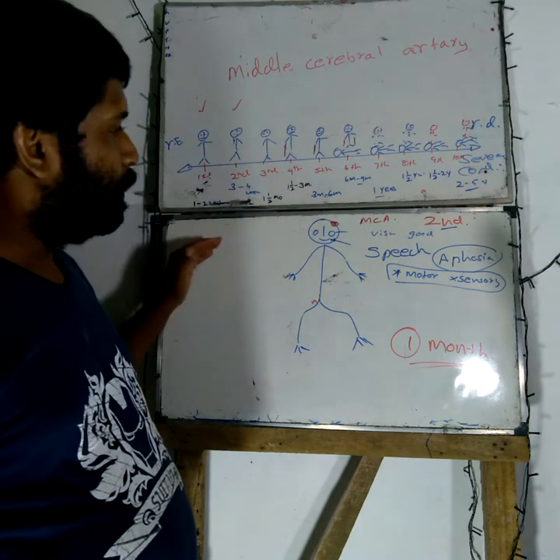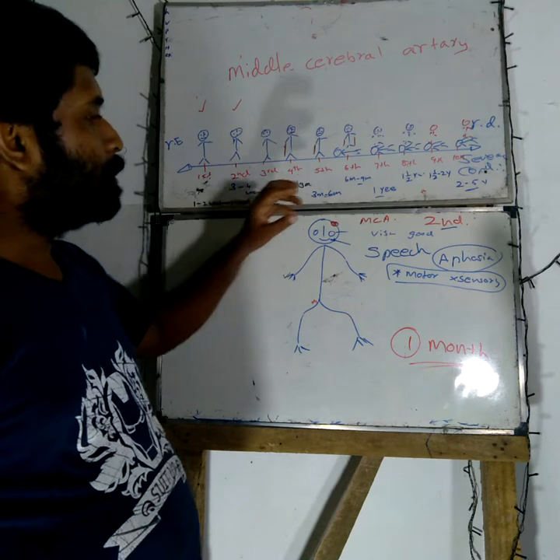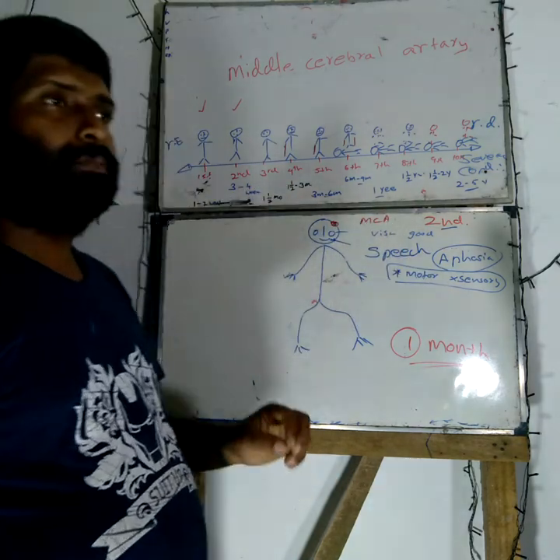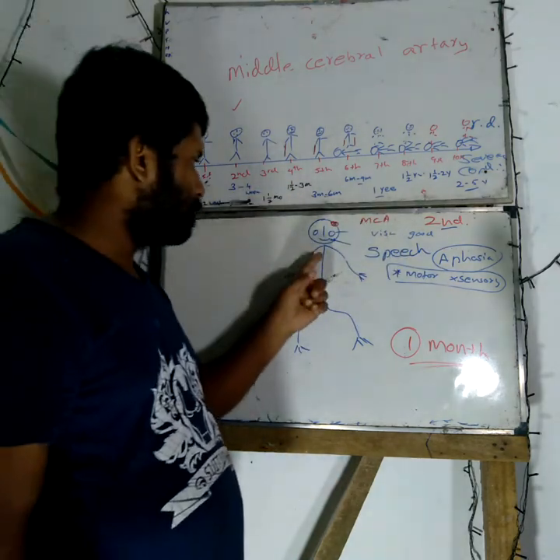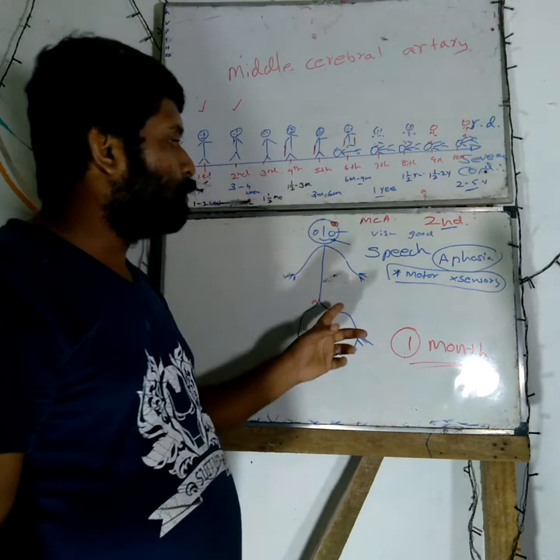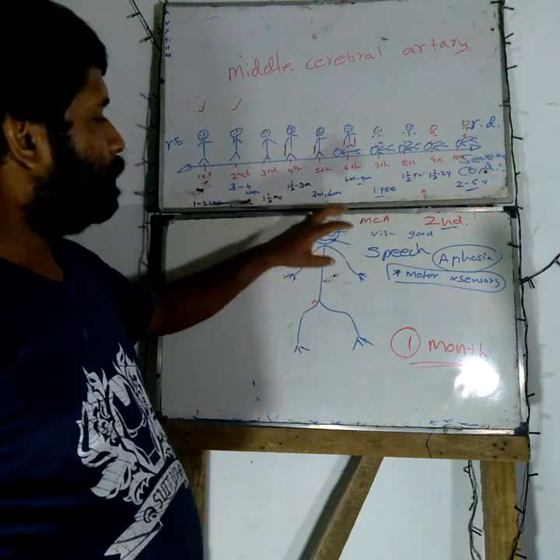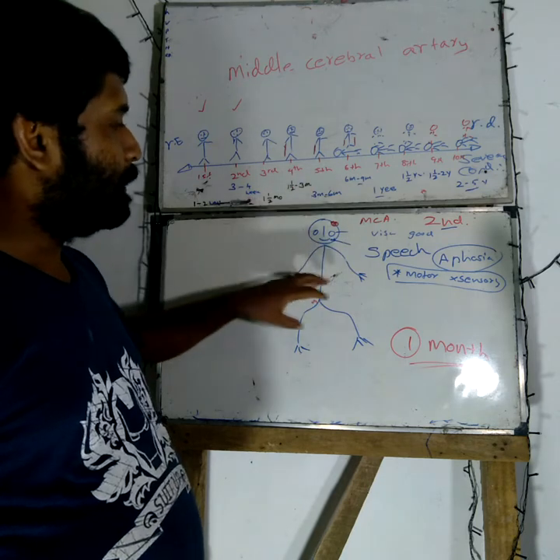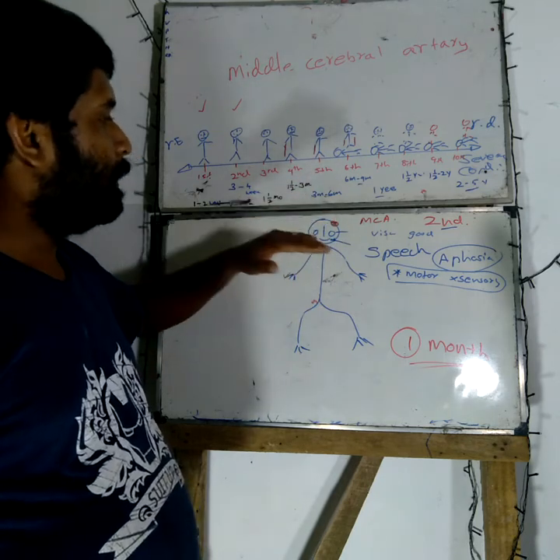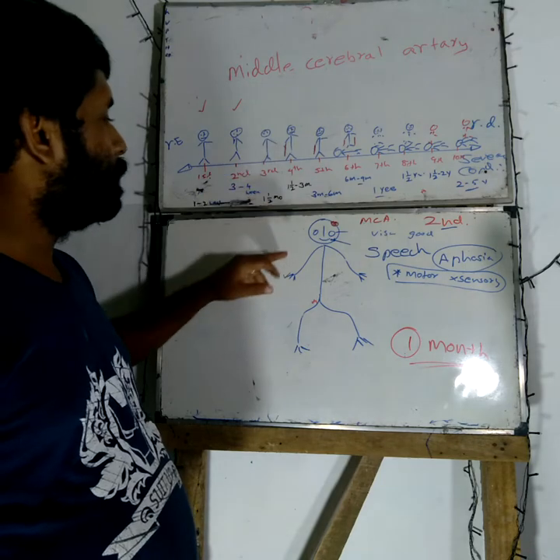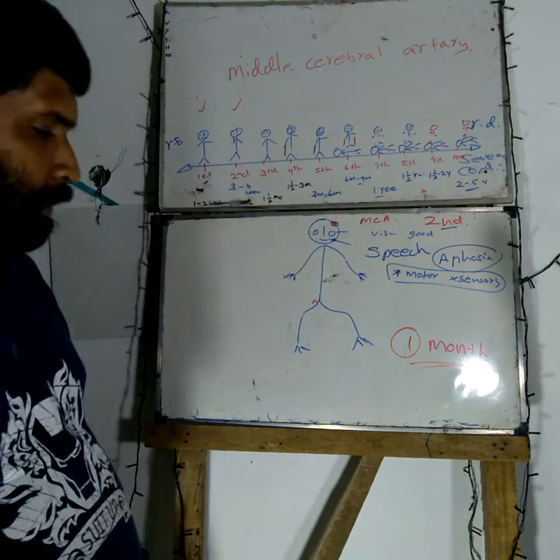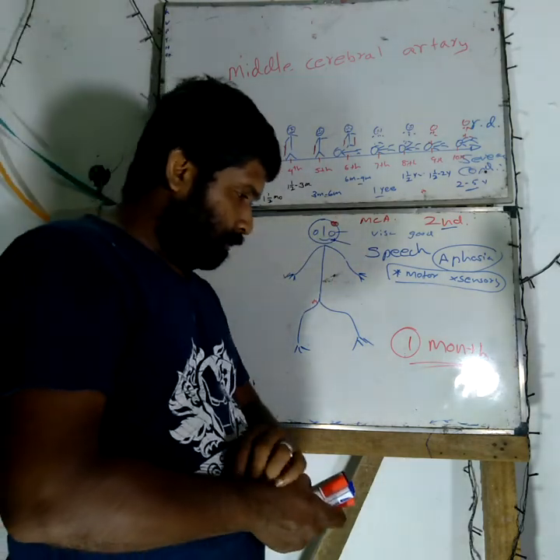A lot of covering and speech aphasia problem. We have to gain a lot of motor and sensory gain to normal level by 1 month. That's the most important point.